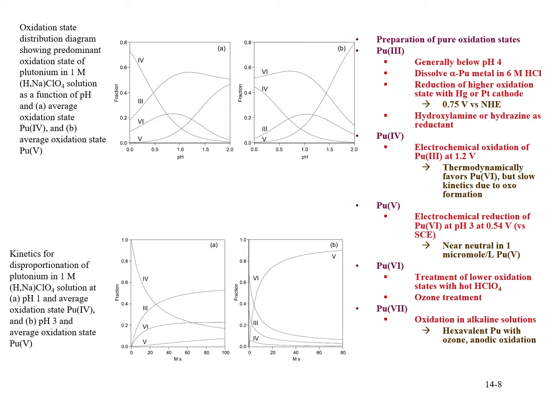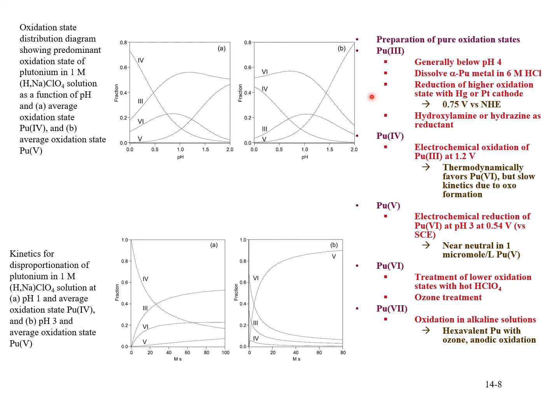Then, as a function of pH, this would be how the speciation for the oxidation state would change. And here's an example of the kinetic influence, starting at either pH 1, an average oxidation state of 4, or pH 3, an average oxidation state of 5, and how the mole fraction changes as a function of time in seconds, so concentration and time coupled together.